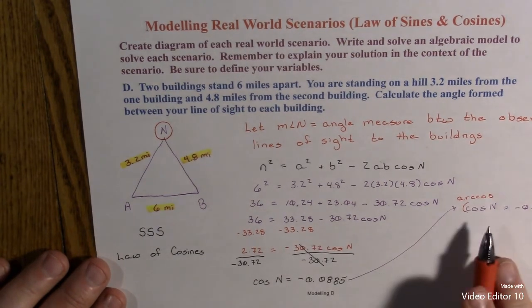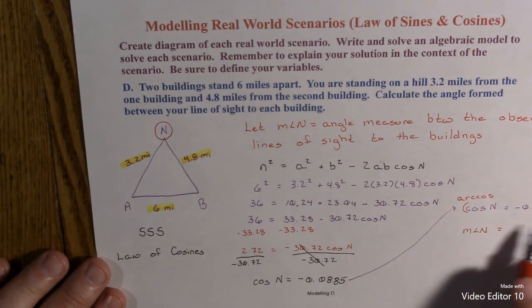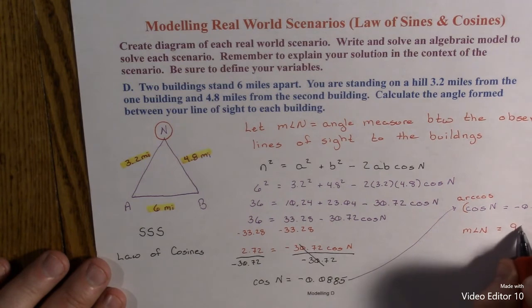We'll take the arc cosine of both sides, leaving us the measure of angle N, and the arc cosine of negative 0.0885 is 95.1 degrees.